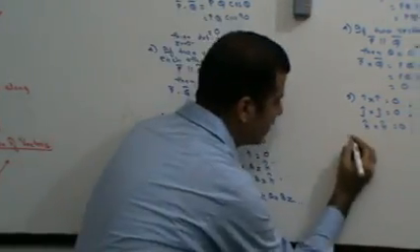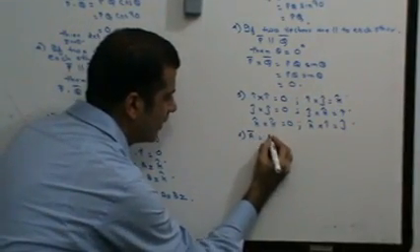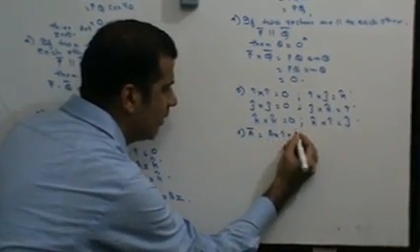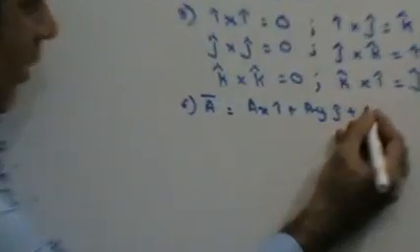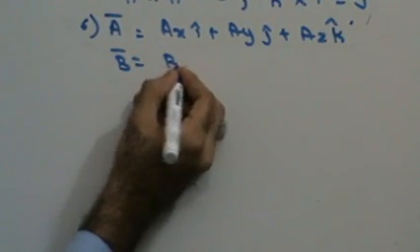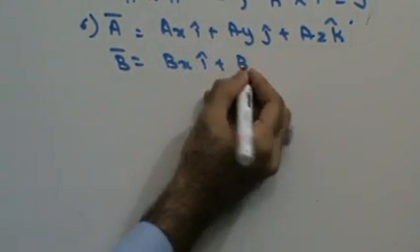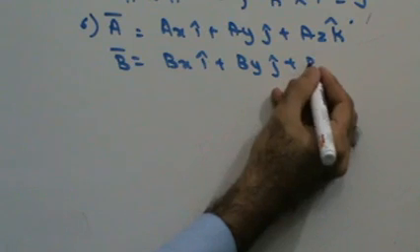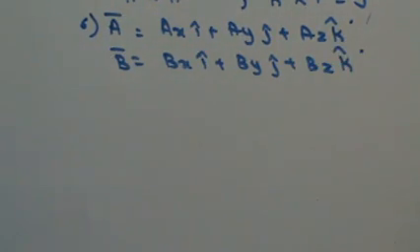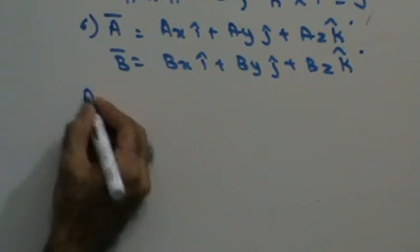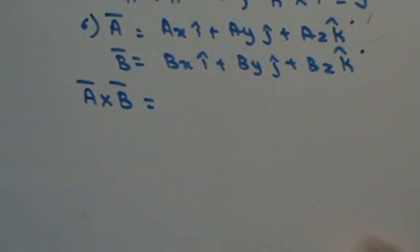Now, suppose I have A vector such that it is Ax I vector plus Ay J vector plus Az K vector. Similarly, I have B vector which is Bx I vector plus By J vector plus Bz K vector. How do I find the cross product of two vectors? Now you all have, in 10th standard I presume, learned determinants. How do I find out A vector cross B vector?